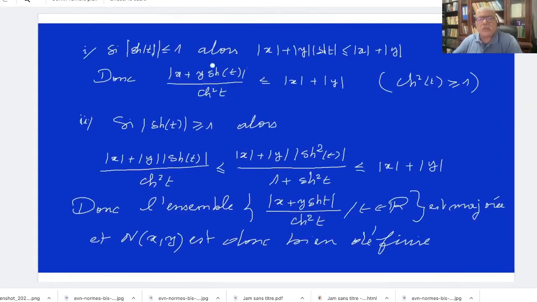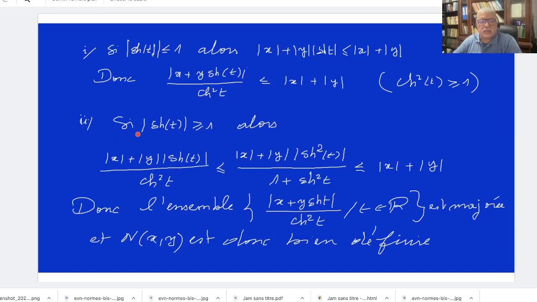So, if we want to bound it by an expression that does not contain t, note that if the absolute value of sh of t is less than or equal to 1, we can already bound the absolute value of x plus the absolute value of y times the absolute value of sh of t by the absolute value of x plus the absolute value of y. And thus, the ratio is also bounded above by the absolute value of x plus the absolute value of y, since the denominator ch squared is greater than or equal to 1.